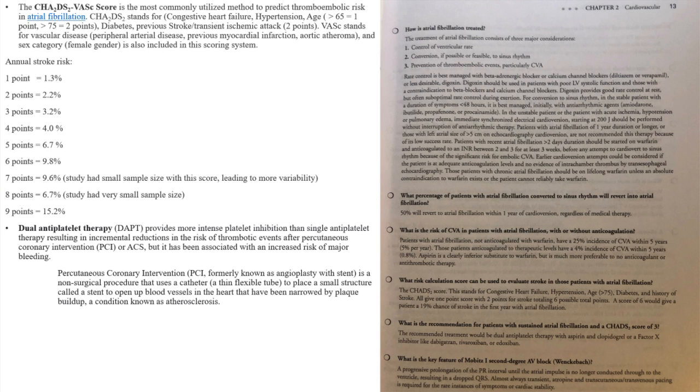So if you have a 3.2 chance of having a stroke, you recommend dual antiplatelet therapy, which is more intense than single antiplatelet. It's resulting in incremental reduction of risk of thrombotic events after intervention, but it's been associated with increased risk of major bleeding.